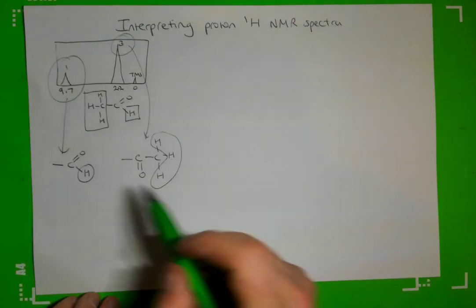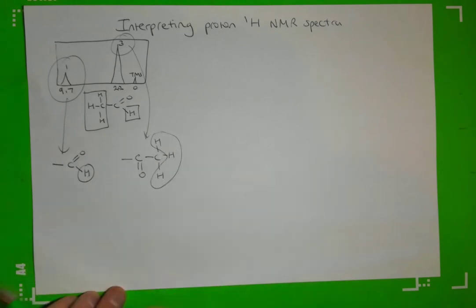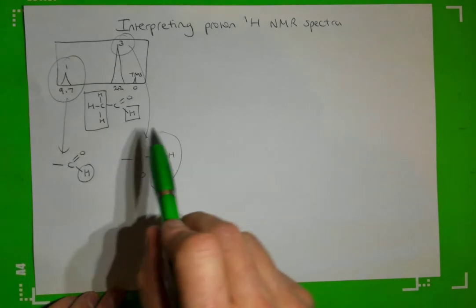So we know a structure must contain that and that in. So the only thing it can be is ethanol.